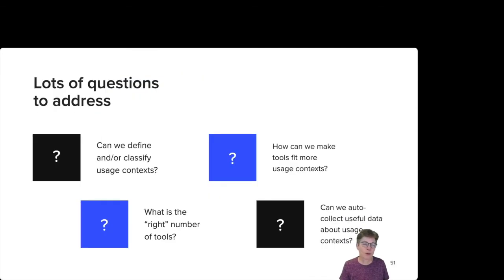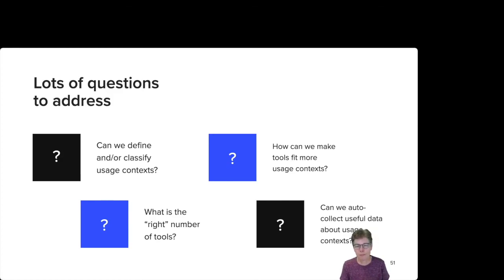There are lots of questions that are interesting for us as researchers to address along this journey. If we think at a bit more of a meta level, are there classes of usage contexts that fit different kinds of tools, so that we don't have to come up with what those usage contexts are for each tool that we're interested in? How can we make the tools that we build fit more of the usage context we identify?